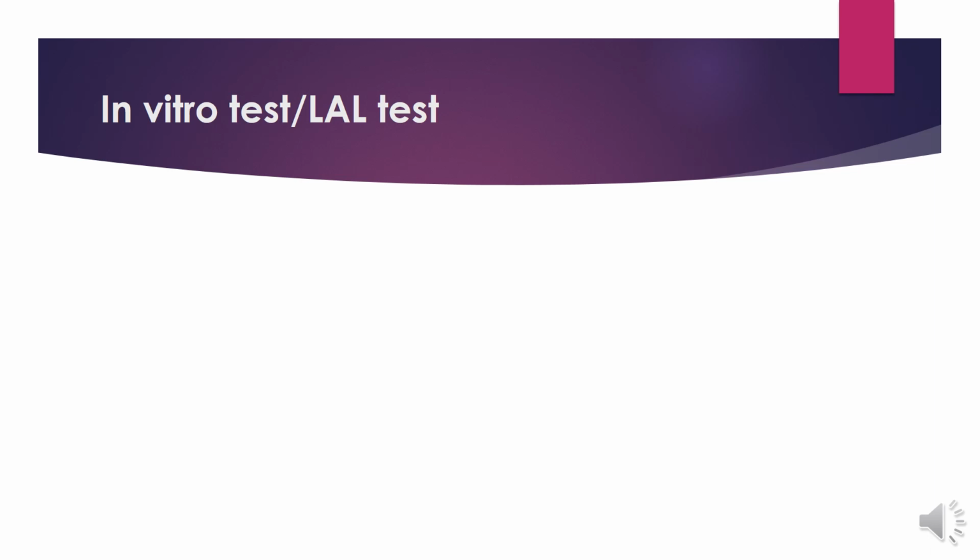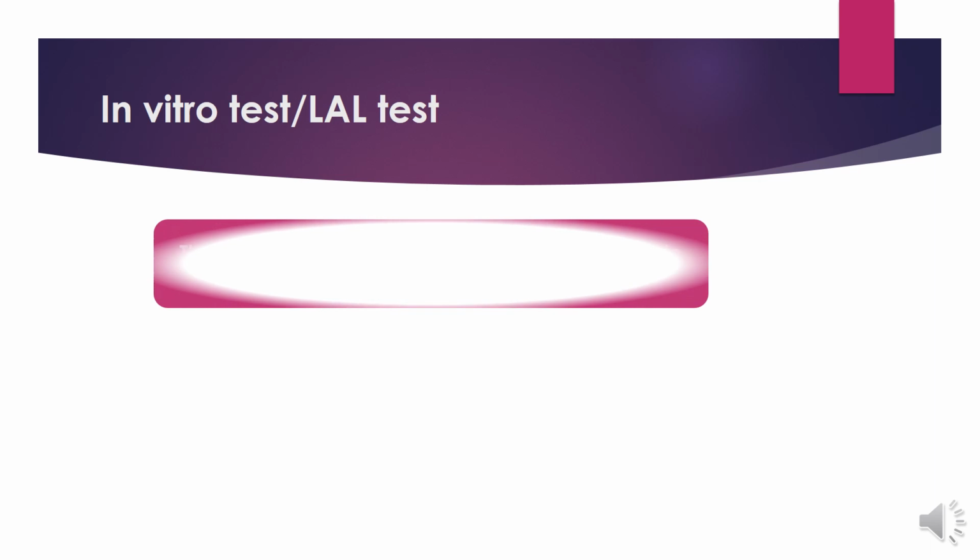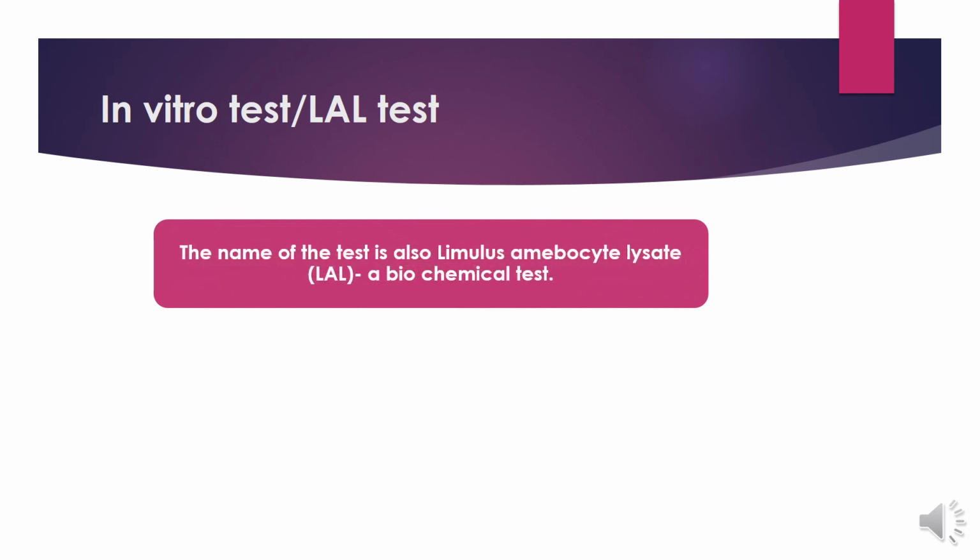The second method we have is the in vitro test, which is also termed as the LAL test for pyrogen determination. LAL, in the full form, is termed as Limulus amebocyte lysate, which is a biochemical test for pyrogen determination.